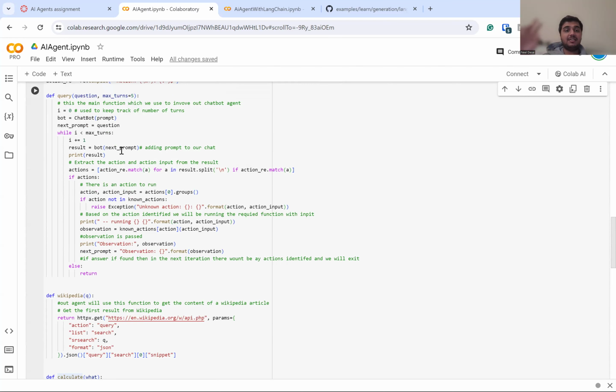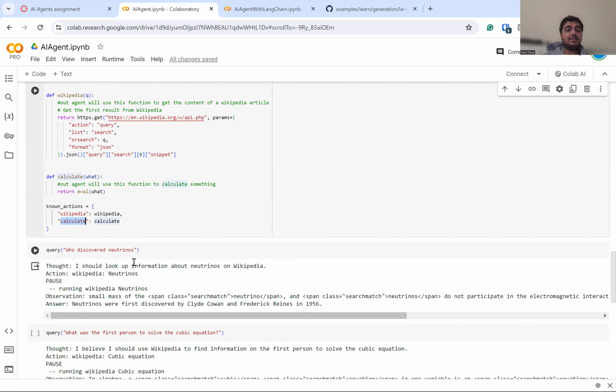And if an action exists, then for the action, we'll get the inputs. And if the action is something unknown, then you raise an exception. After that, you find the observation. The observation will become the next prompt because this is a loop. And this goes on until you cannot identify any action in the prompt.